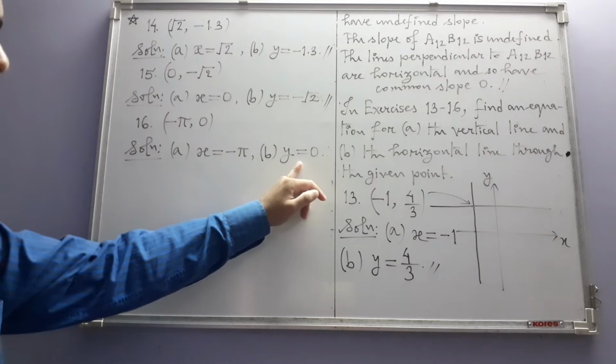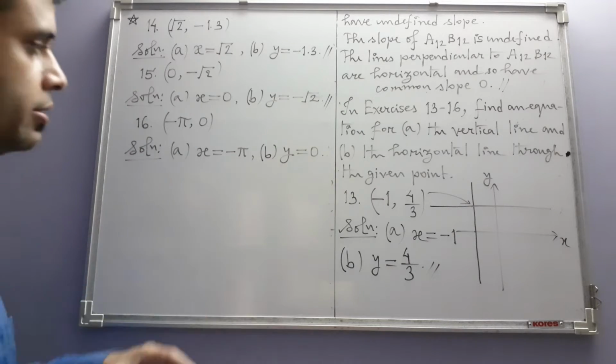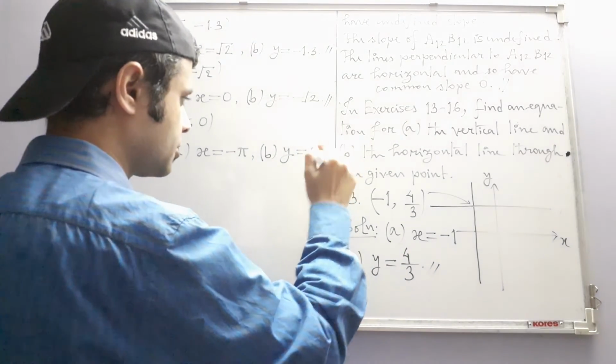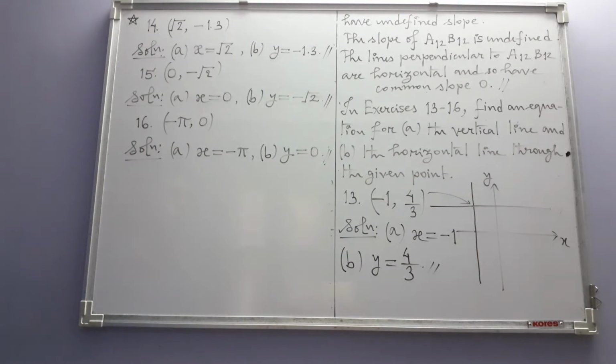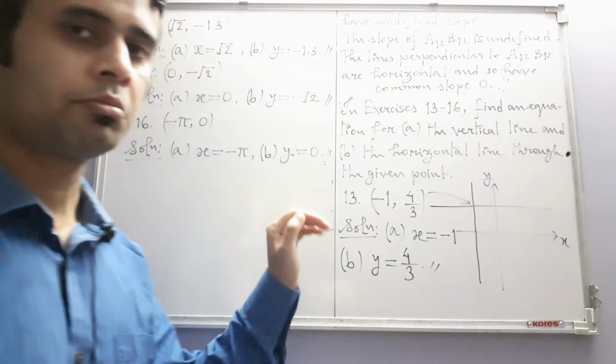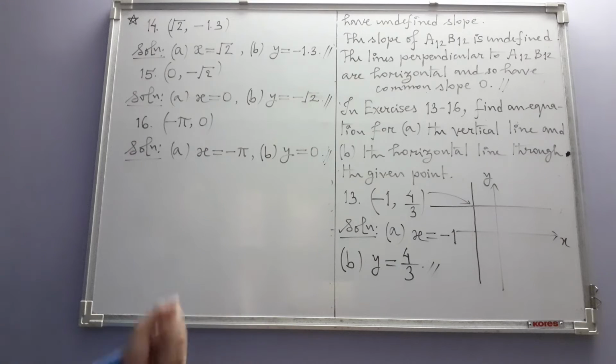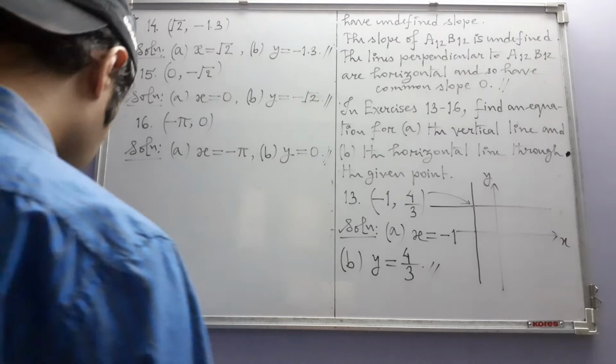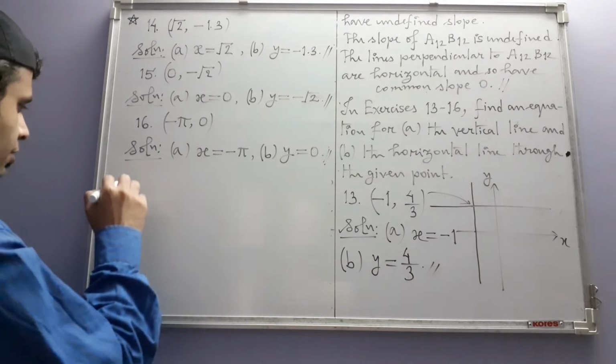Here the horizontal line is the x-axis. Its equation is y equal to 0, because on the x-axis all the points have their y coordinates equal to 0.